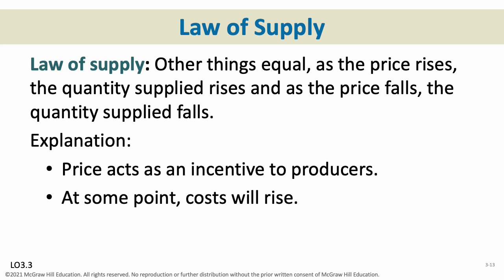You're going to be much more inclined to produce something if you can get more for it. But at some point, you can't just keep increasing supply without incurring a cost penalty. Eventually, you run out of factory space, you run out of employees to utilize, and you'll eventually hit a point where it becomes more and more expensive to keep increasing supply.